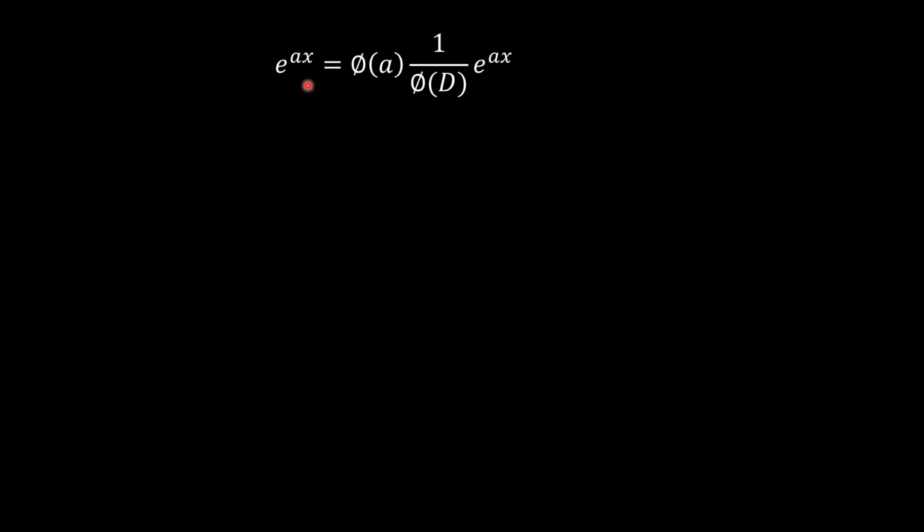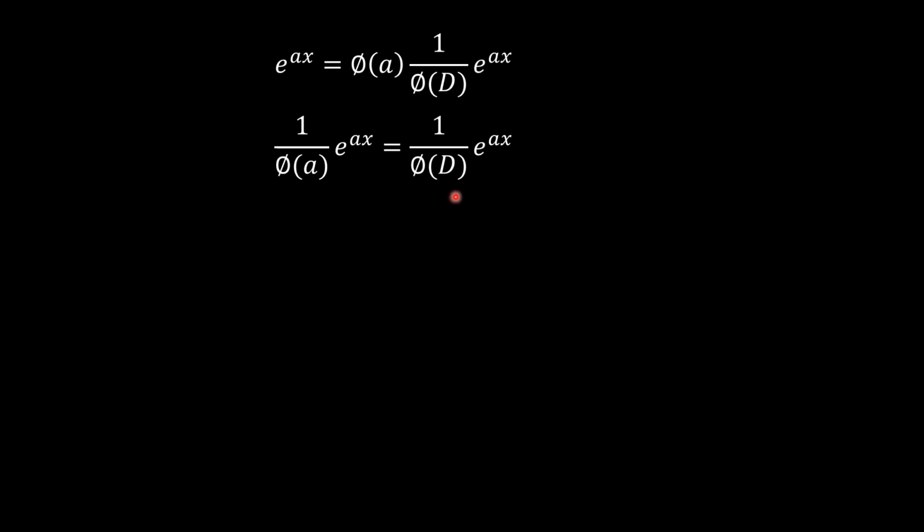We are left with e raised to ax on the left hand side, equal to, as phi of a is constant, we have taken it outside of the operator and we are left with 1 upon phi of D of e raised to ax. We want 1 upon phi of D of e raised to ax. For that reason, we will divide both the sides by phi of a, which gives us 1 upon phi of a of e raised to ax is equal to 1 upon phi of D of e raised to ax. But this is possible only when phi of a is non-zero.